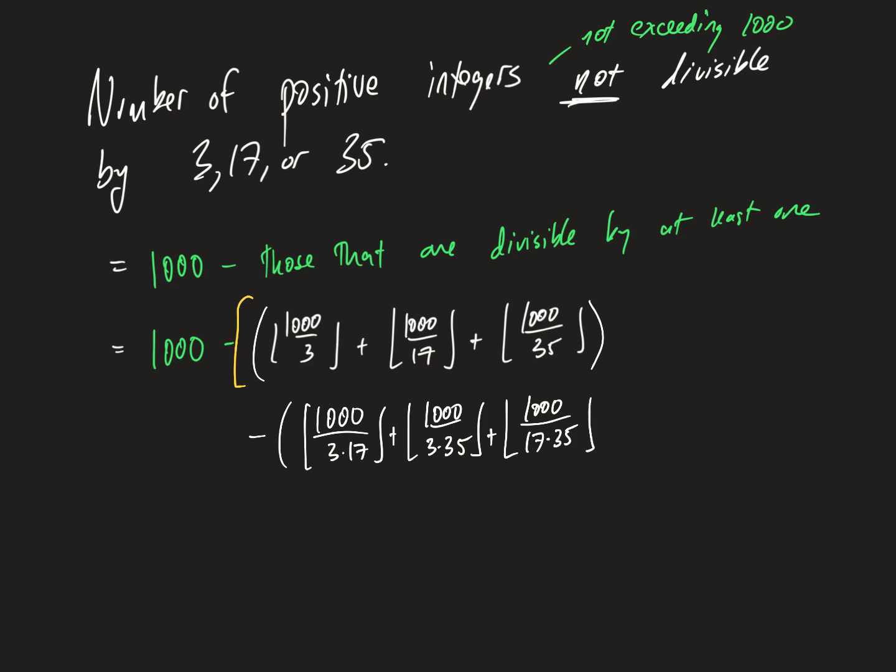Let's see, 3 and 17, 3 and 35, 17 and 35. Okay, I think that's it. And then add back where they all intersect. So that'll be 1,000 over 3 times 17 times 35.